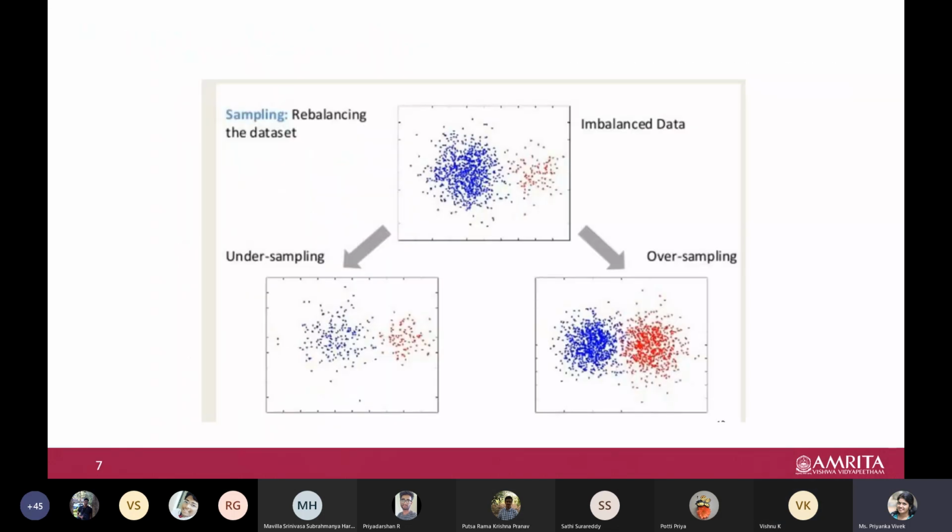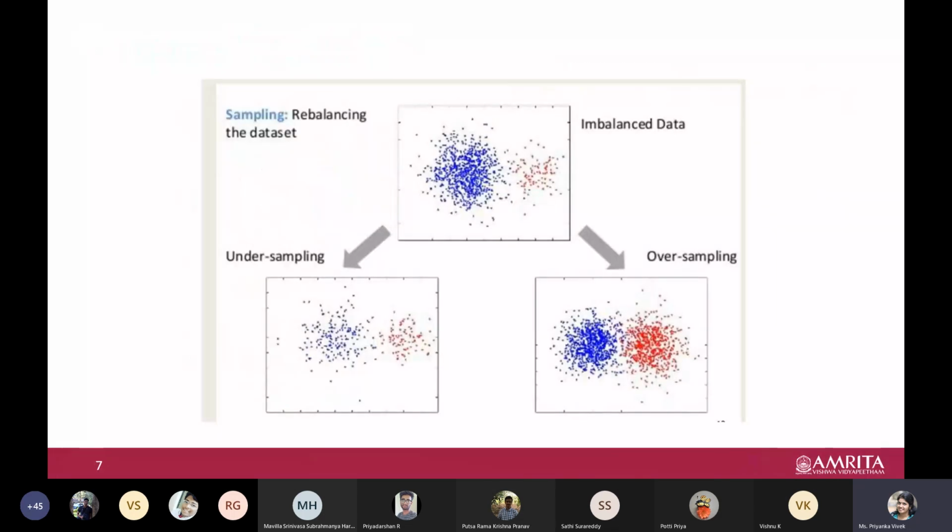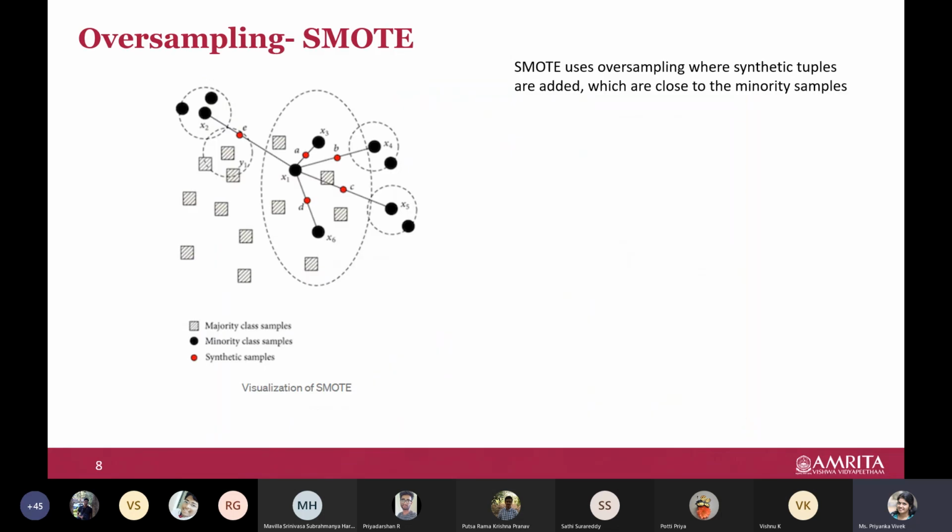In oversampling, there is an algorithm called SMOTE. When we say oversampling, we are increasing the number of samples in the minority class. It is not a duplication of certain samples. In the left figure, the majority class samples are marked as squares, and the black dots are the minority class samples.